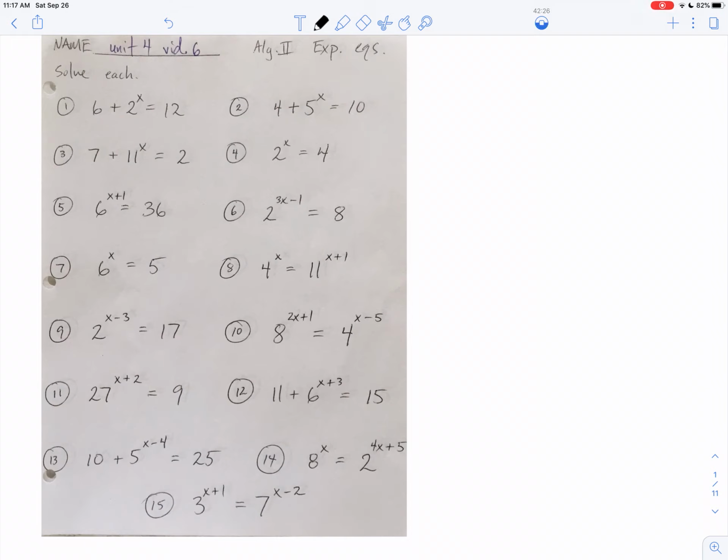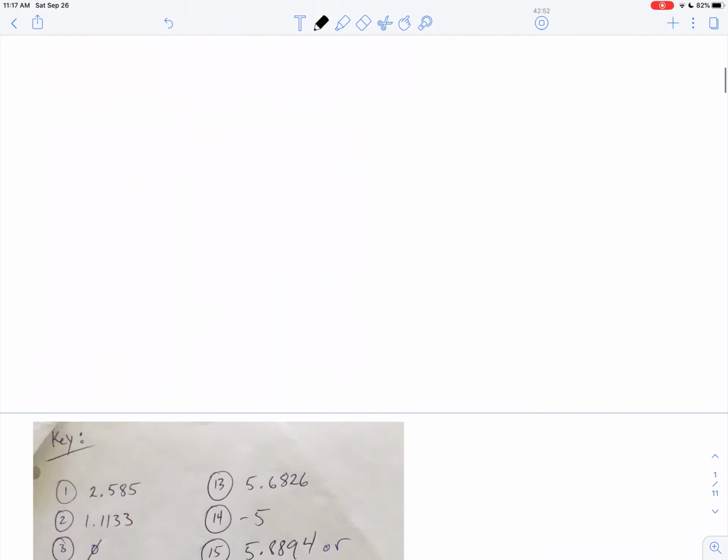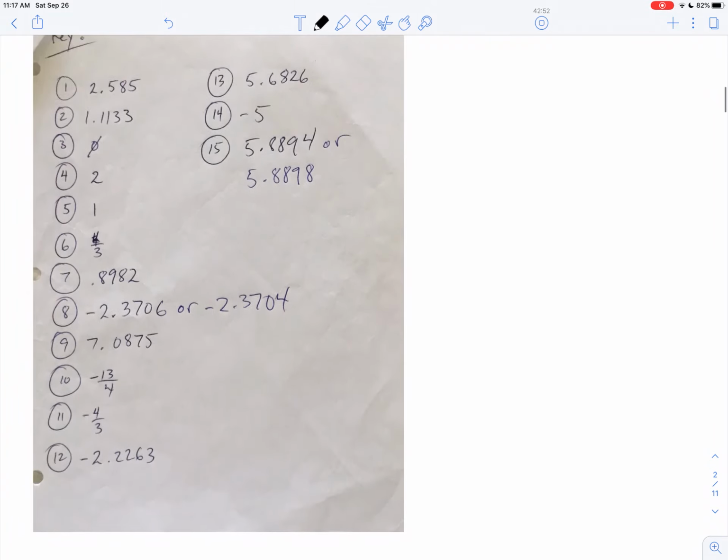If you do number 14 by taking the log of both sides, you are going to be a very sad kid. It will take you a long time to get that thing, and it might even be wrong when you get to the end. So, don't use logarithms when you can get the bases to match. Number 10 is like that, don't you see? Okay, every single type of problem here I did an example of, but here's your answer key.